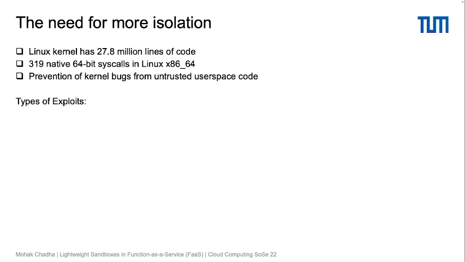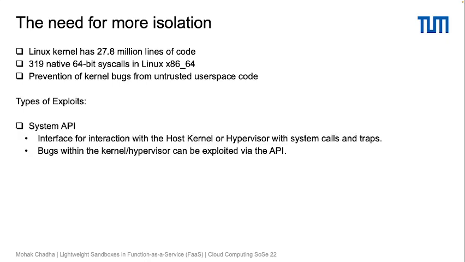I'm not a computer security researcher, but if you look at the research in this direction, all of it focuses on finding different types of exploits in the kernel, or on new technologies. I would say there are three categories.